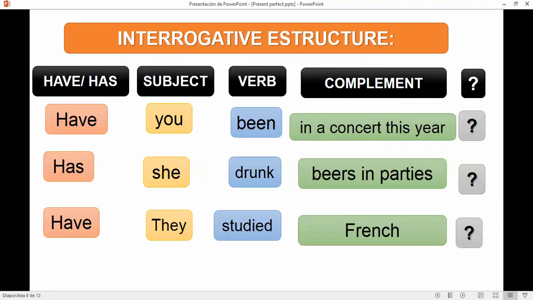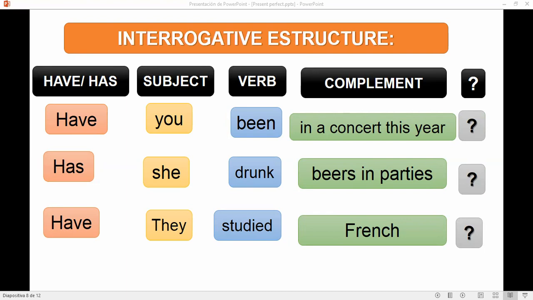So, how are we going to start the questions? With have, okay? When we talk about the present perfect, the auxiliary verb is have or has. That's why we are going to start the questions with have or has. Then we have the subject pronouns, then the verb in the past participle, and at last the complement.